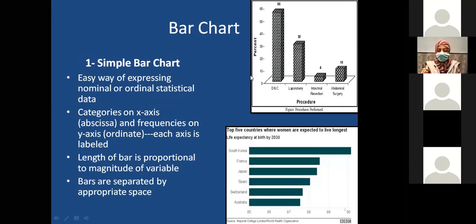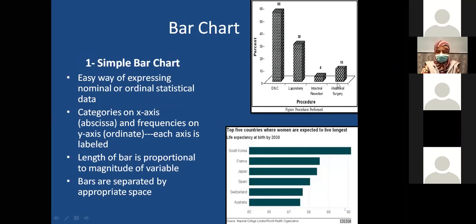For example, this is the simplest type of graph, which is called a bar chart. Okay? So for example, this is a graph that is showing the number of procedures that have taken place at a hospital. So the largest number is given to the DNC, and here you have the percentages.